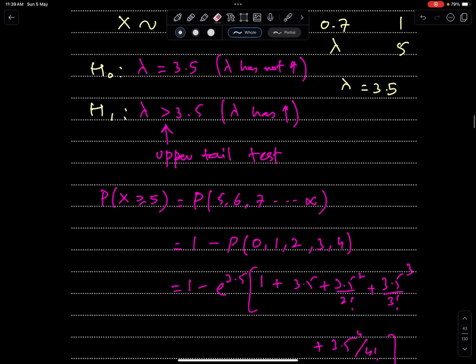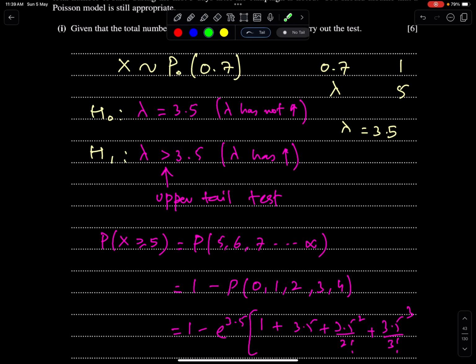Now you have to conclude this carefully. Since we are accepting H naught, therefore we are rejecting this fact. So say no evidence that lambda has increased. When you are accepting this, then conclude in this way: no evidence that lambda has increased.